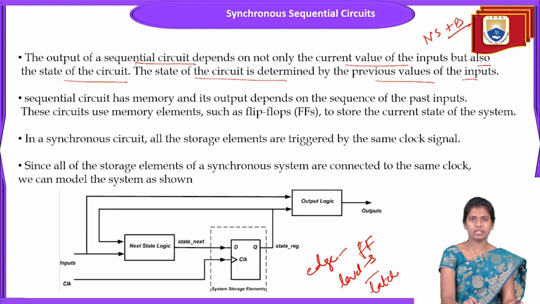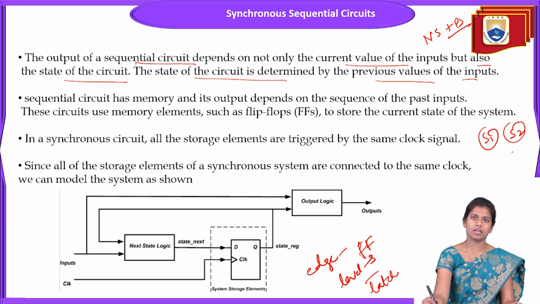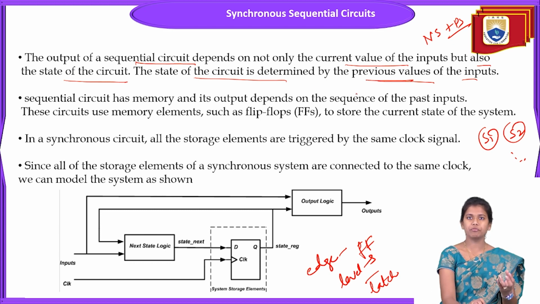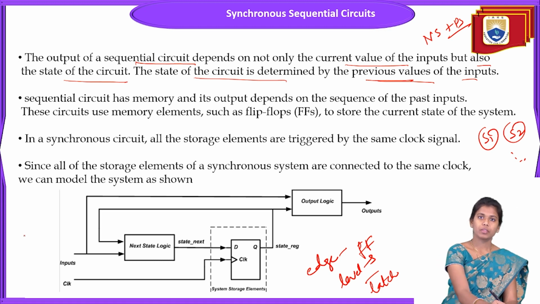So basically, what is a state? We have different states, S1, S2 and so on. What does the state hold? The state holds the previous values of the input. For example, I have the inputs I1, I2 and I3.